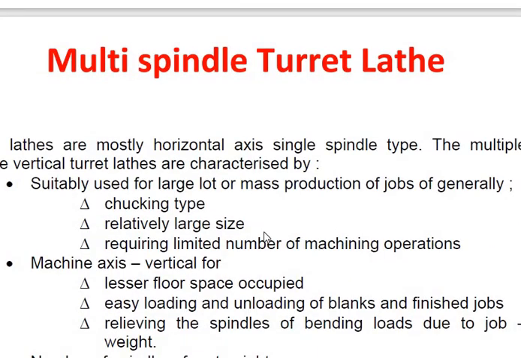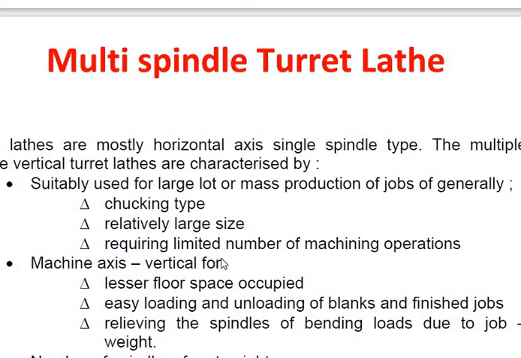Multi spindle turret lathe. Turret lathes are mostly horizontal axis, single spindle type. The multiple spindle vertical turret lathes are suitably used for large lot or mass production of jobs of generally chucking type, relatively large size, requiring a limited number of machining operations.